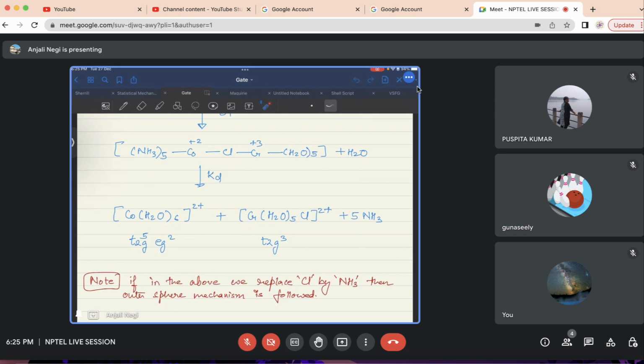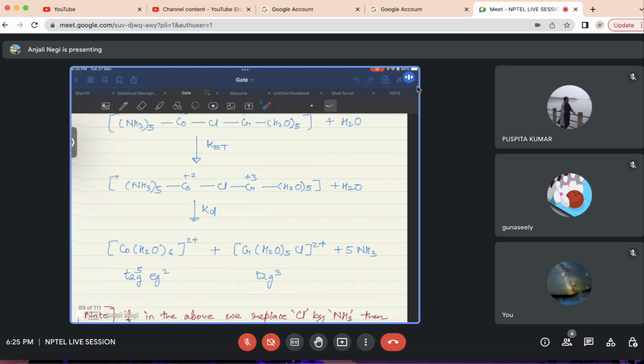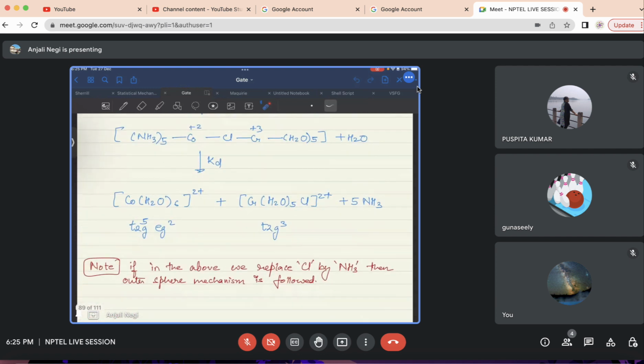Okay, and we have 5NH3, and now you can just write down the electronic state in T2G and EG form. Since it is H2O here, it will be high spin, so T2G5, EG2, T2G3.